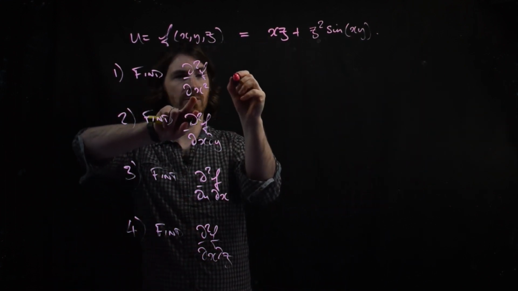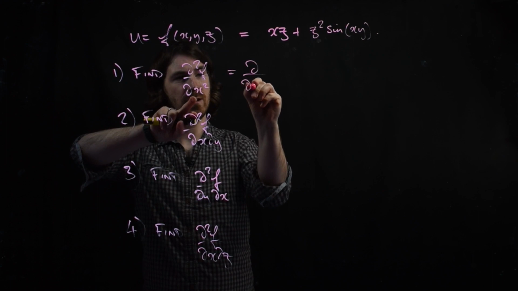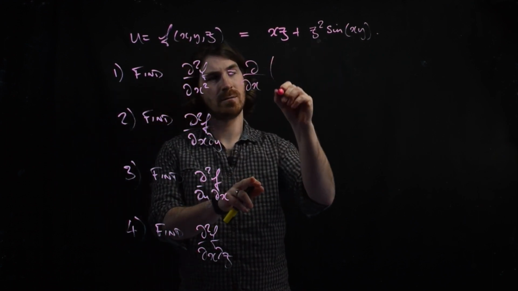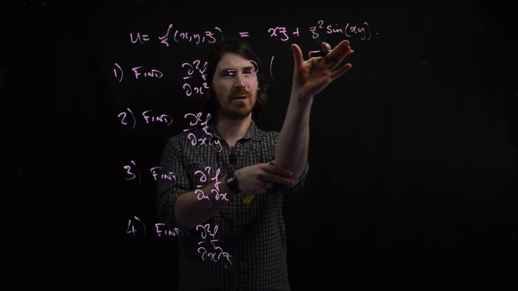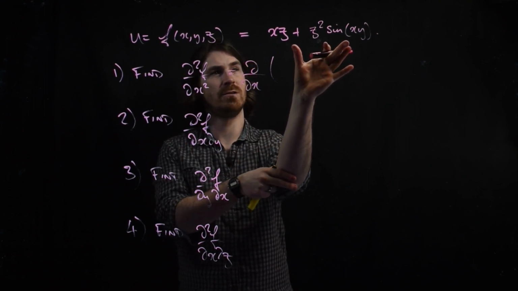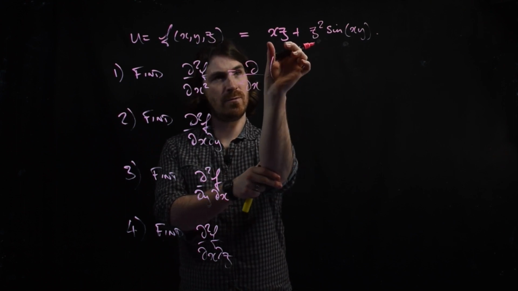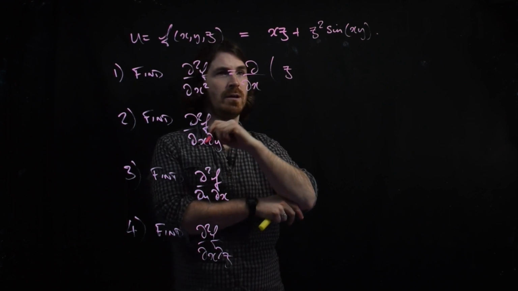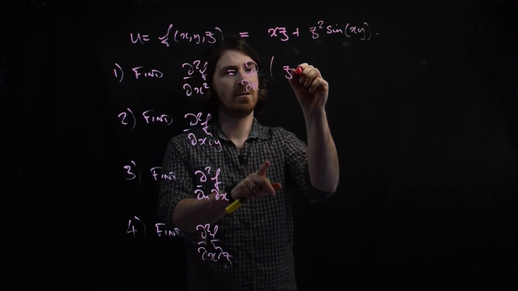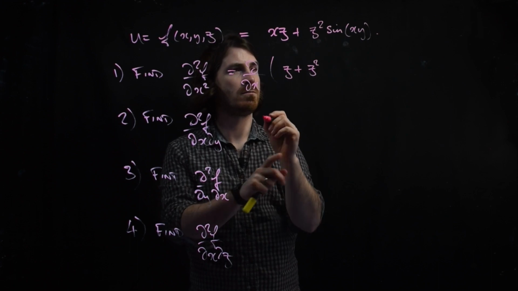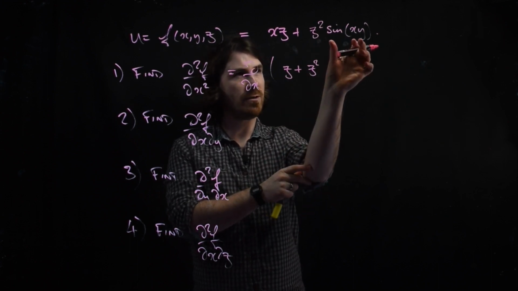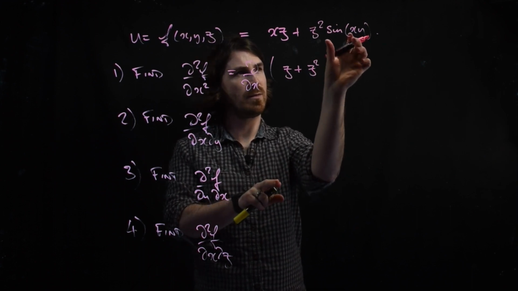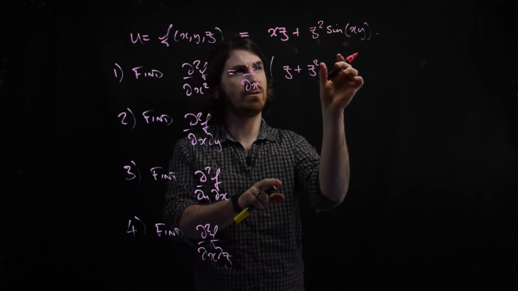If we start with the first one, this is d by dx of df by dx. And what is df by dx? It's the derivative of this thing with respect to x, holding y and z constant. So the derivative of xz with respect to x is just z. Plus z squared, because z is a constant, we differentiate sine xy with respect to x holding y constant.